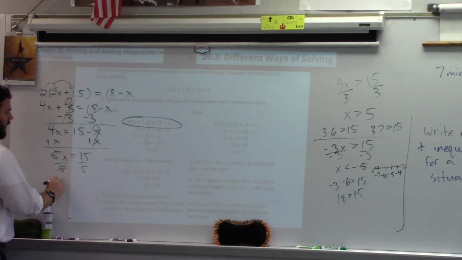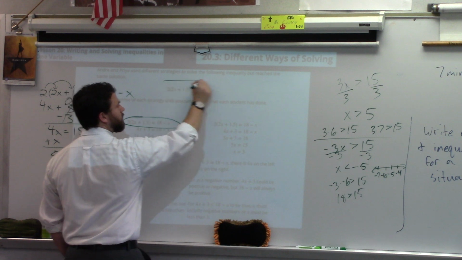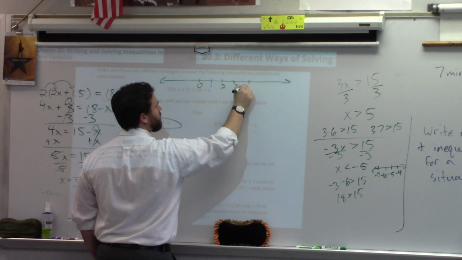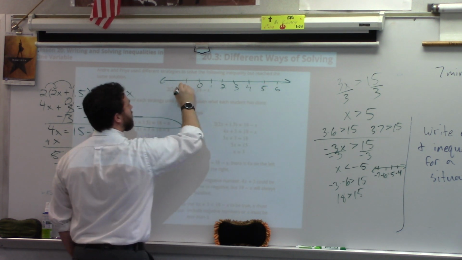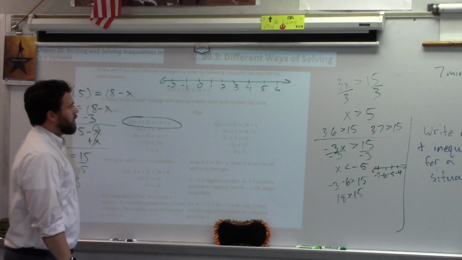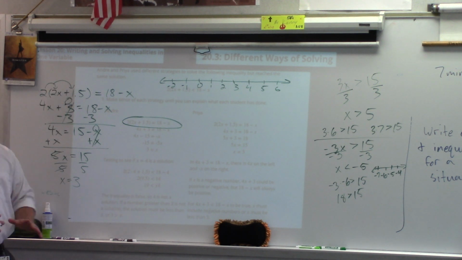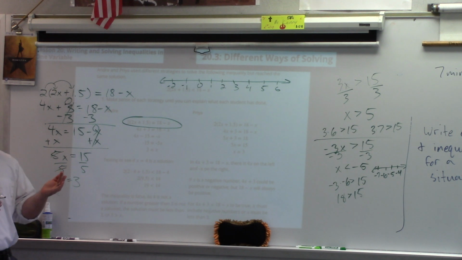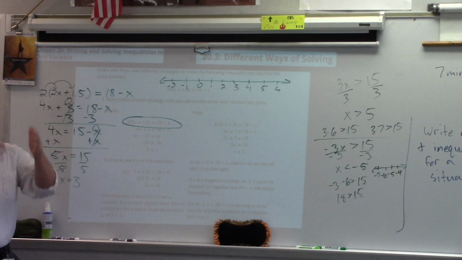So if I were to create a number line here, what number would have to be on that number line? A 3, right? Now, the whole point is to identify the solutions for the inequality, what makes the inequality true.